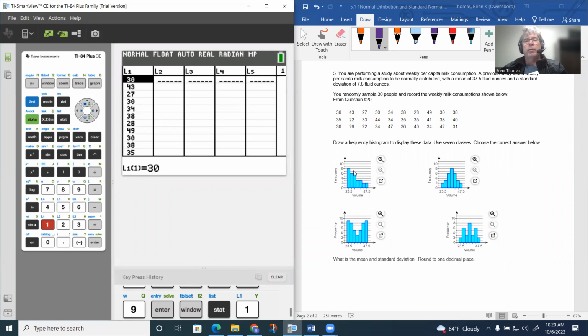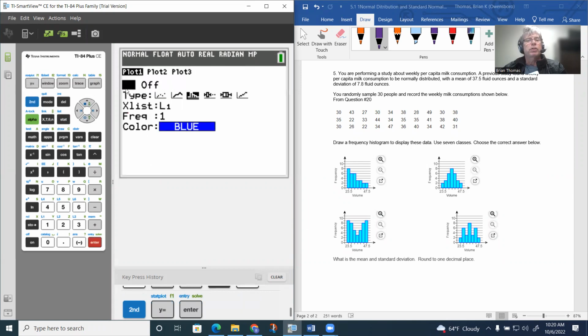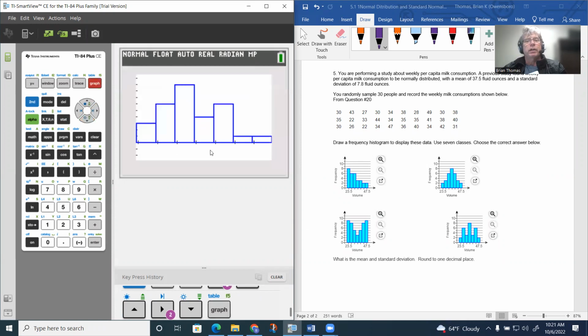Now to create the histogram, remember you go to second stat plot. Make sure it's on, make sure your type is the histogram, and make sure it's coming from list 1. If I hit graph, it now gives me my graph here.